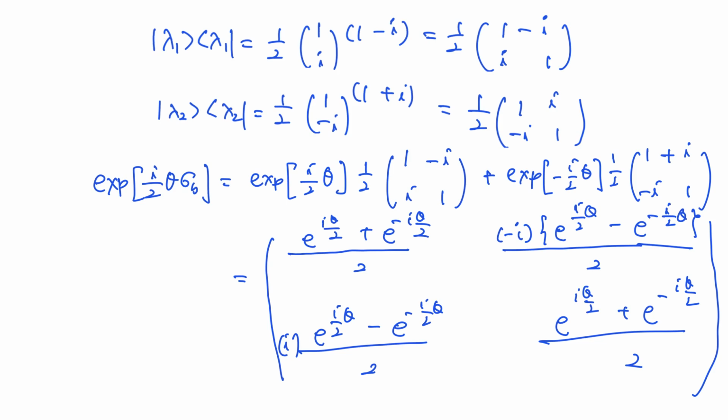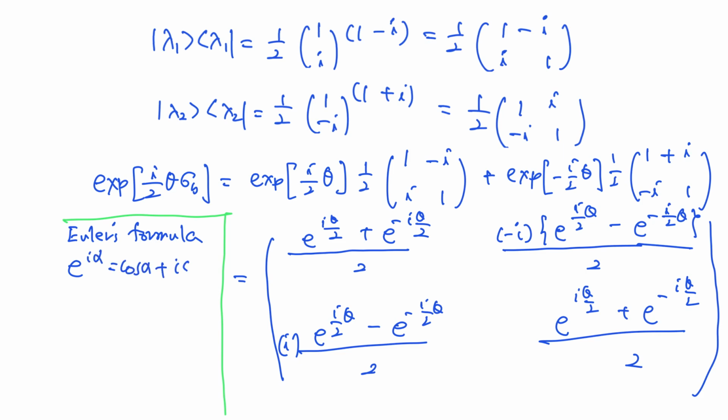So actually, in the second semester, you are going to learn about Euler's formula, but it wouldn't hurt to learn this now. Exponential i alpha is cosine alpha plus i sine alpha. That's Euler's formula. Probably you learned this in calculus, right? So anybody who didn't learn about Euler's formula, raise your hand.